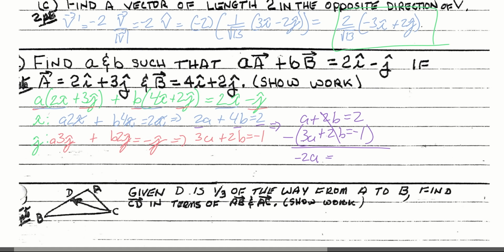This will equal negative 2, so 2a equals negative 2, which then means a equals negative 1. Whoops, I forgot to factor out the 2 there.